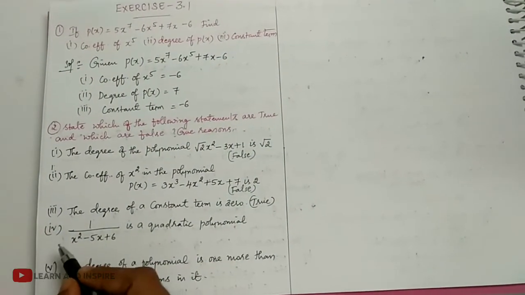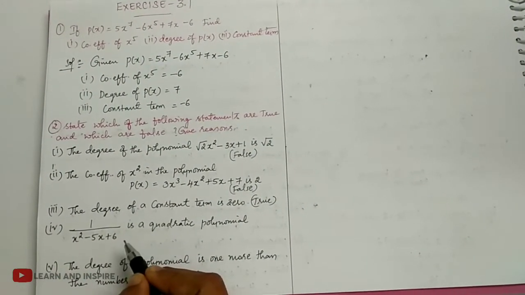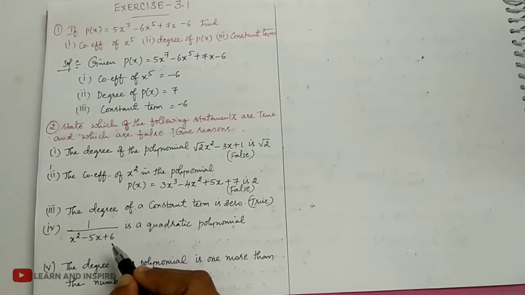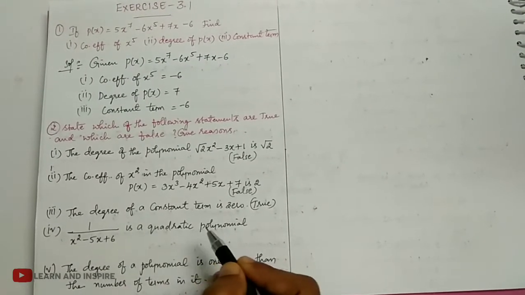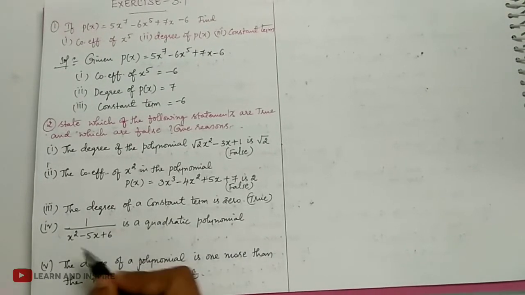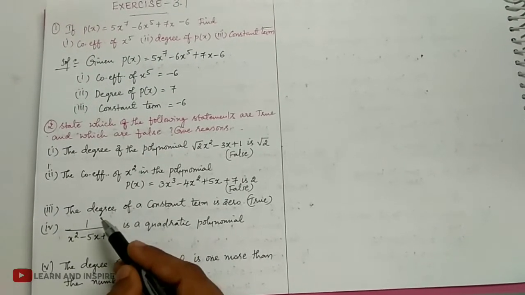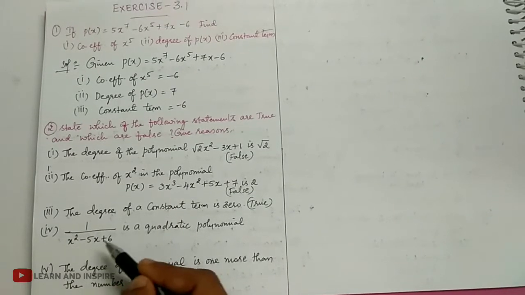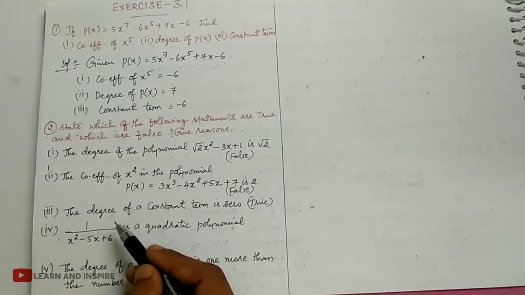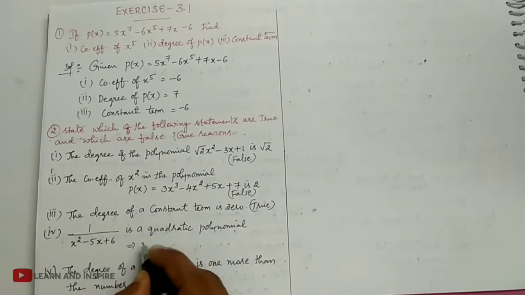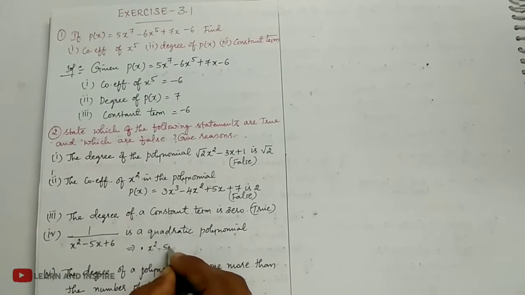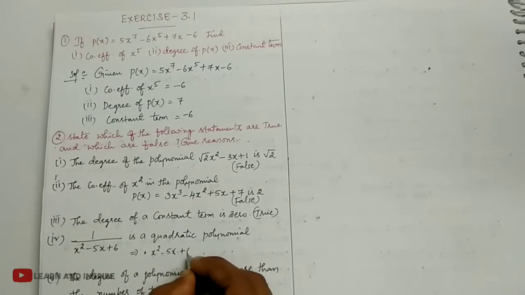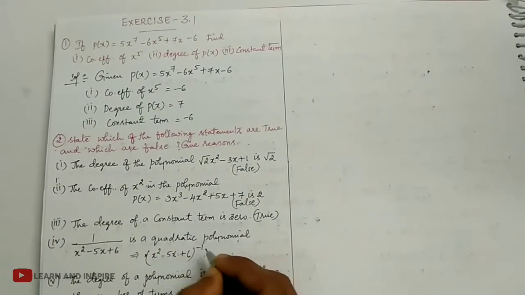Okay, next one: 1 by x square minus 5x plus 6 is a quadratic polynomial. Is this a quadratic polynomial? No, because the polynomial is in the denominator. If I transpose this, it becomes x square minus 5x plus 6 whole power minus 1.